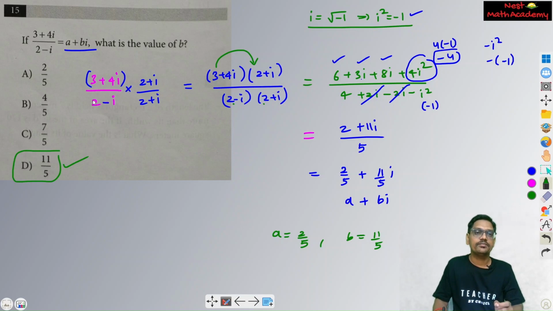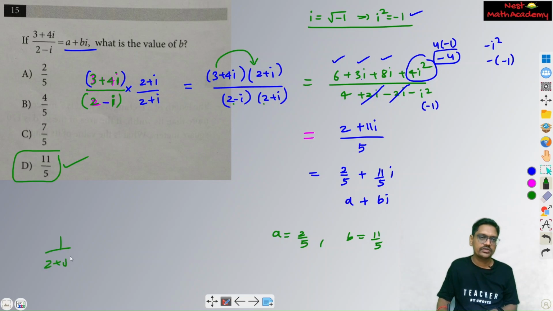So whenever a complex number is given as a division of two complex numbers, multiply with the conjugate of the denominator. If there was 2 plus i, you would multiply with 2 minus i. If 2 minus i is there, use 2 plus i. It's like rationalization.